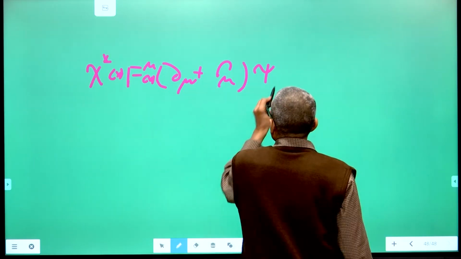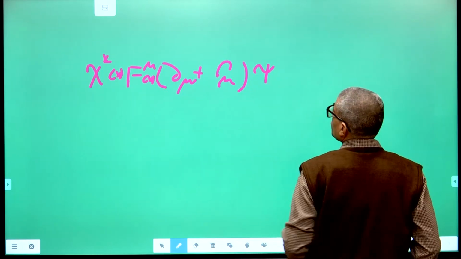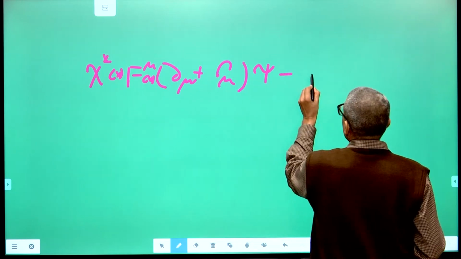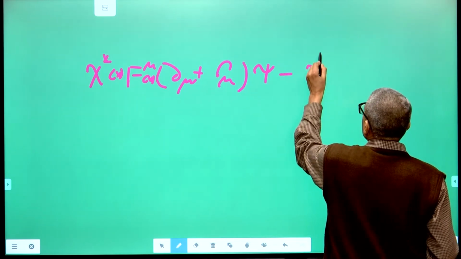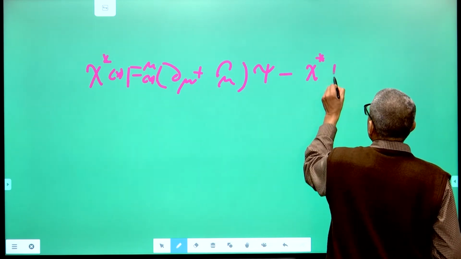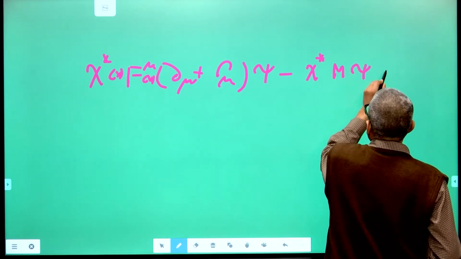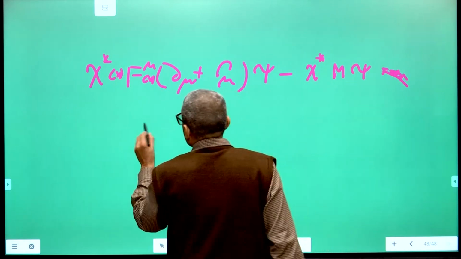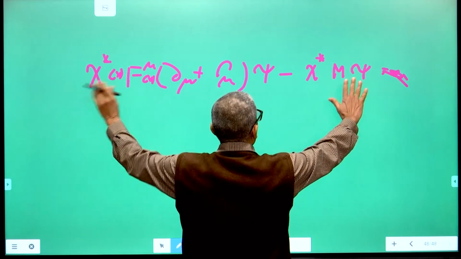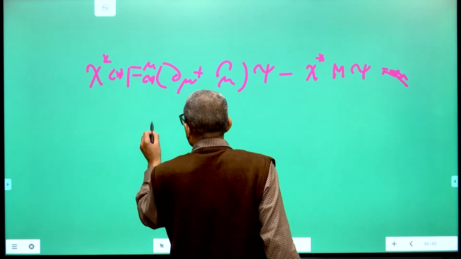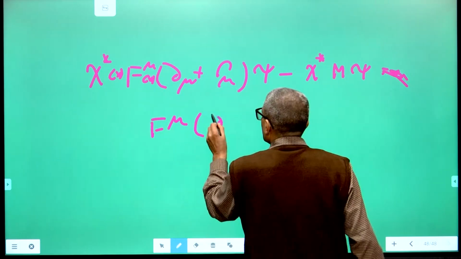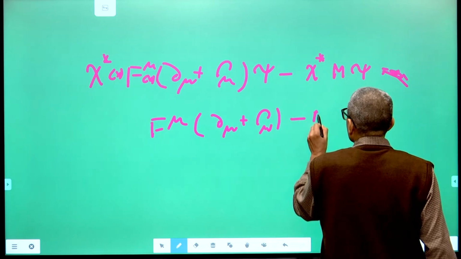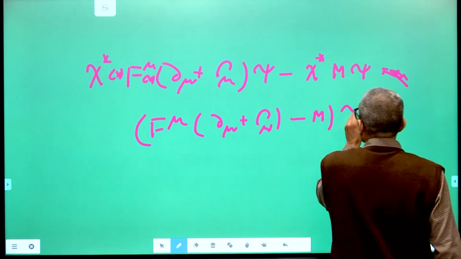Suppose you have this as the Lagrangian, minus chi star into some matrix M into psi, and you have two equations here. One, you set the variational derivative with respect to chi to 0 to get f mu of x into dou mu plus gamma mu minus m acting on psi equal to 0. You will get one equation like this.